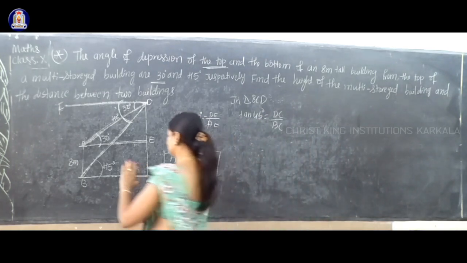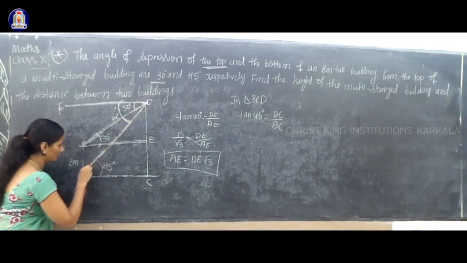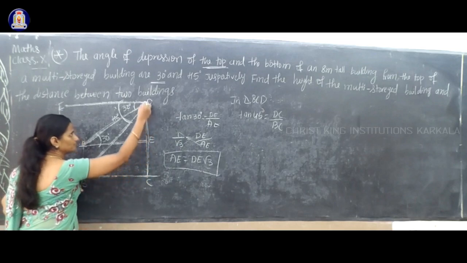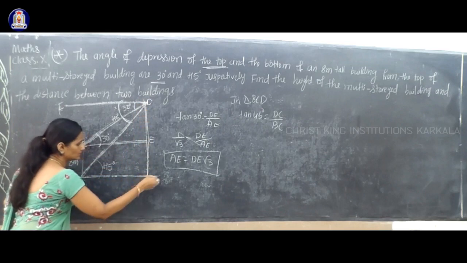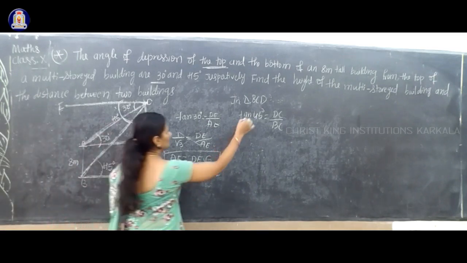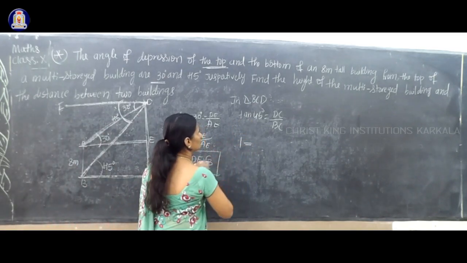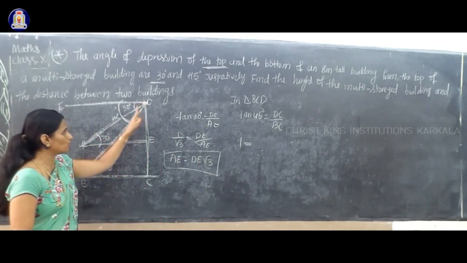Correct now? This is the complete triangle DBC. So this is the opposite side, this is your adjacent side. Now tan 45 is what? 1.